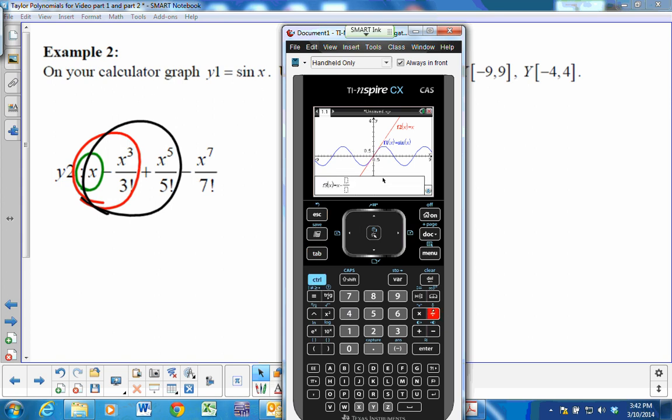So you're going to graph now x cubed over 3 factorial in addition to the x. So x minus x cubed over 3 factorial.